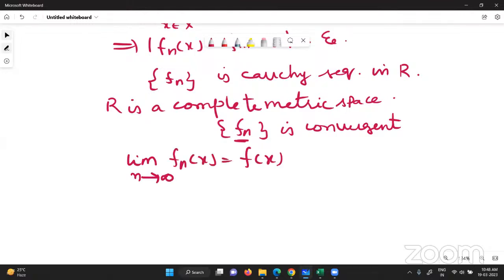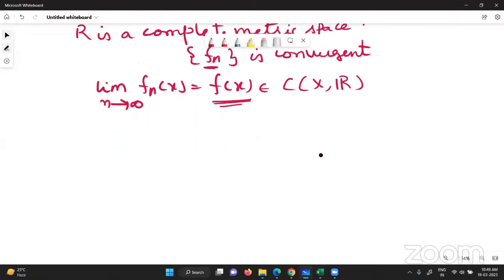This is very important. We should prove that this limit belongs to C(X,R). Then only you can say that C(X,R) is a complete metric space.